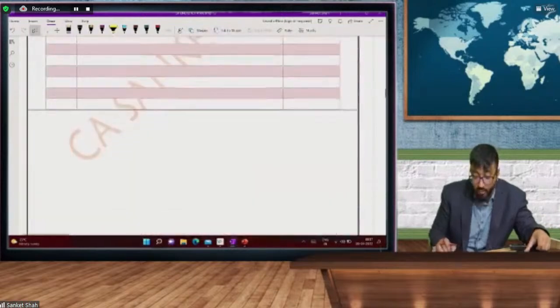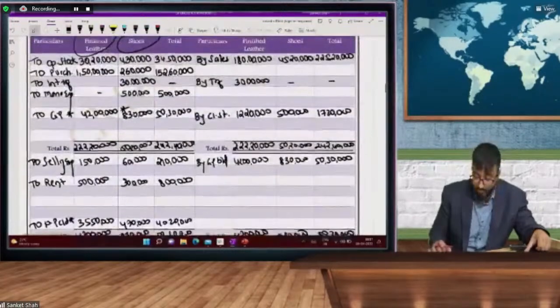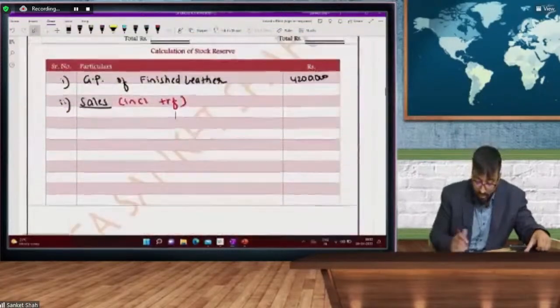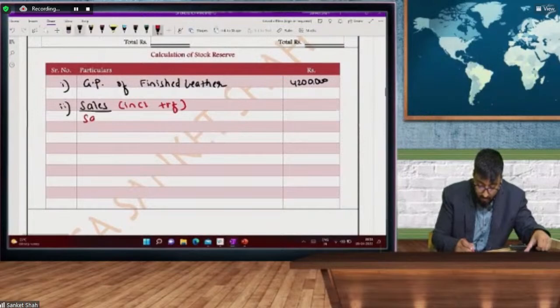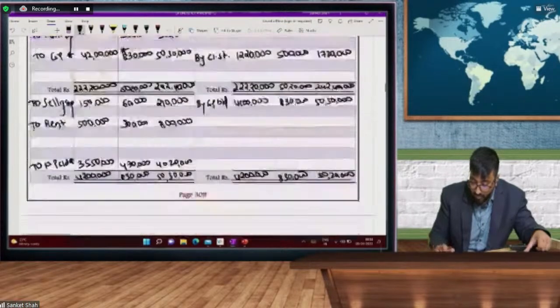So only sales or including internal transfer? This format we already studied in the last session. What is the sales amount? ₹1 crore 80 lakhs. And internal transfer? 30 lakhs.